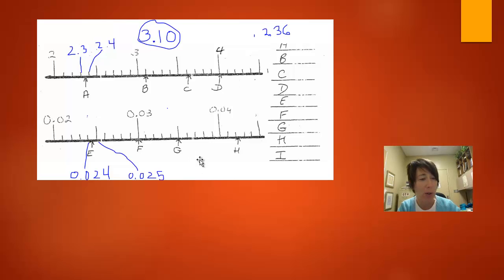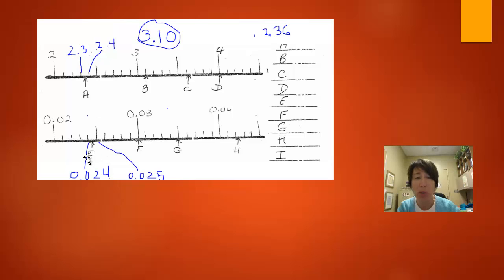So if I look at this lower measuring device, I see that between 0.02 and 0.03, there are 9 tick marks. So that means that E is between 0.024 and 0.025. One of the first things I do when I look at a measuring device is I count off these tick marks and I figure out what value those tick marks represent. In this case, they represent the thousandths place.